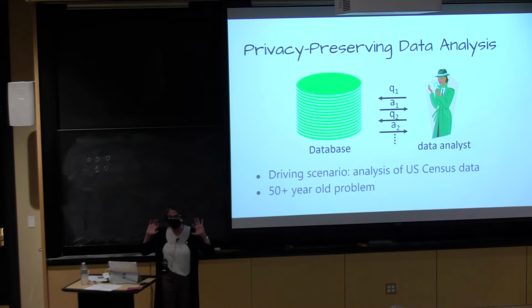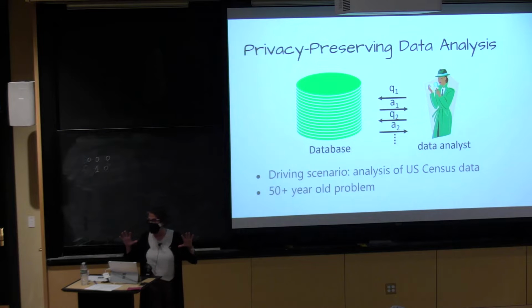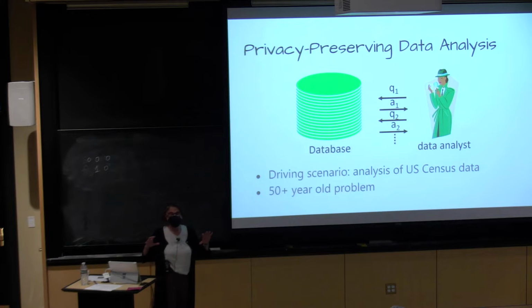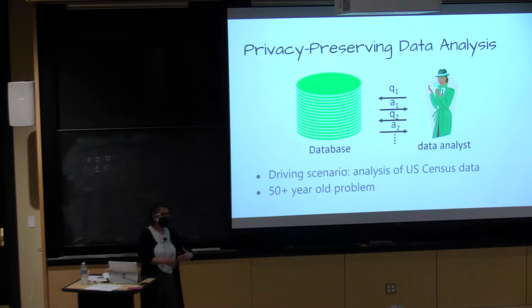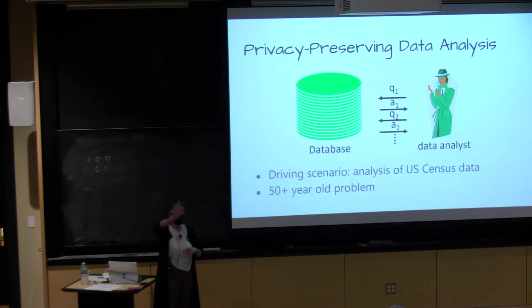And in this very high-level abstraction, the data analyst asks questions or makes queries to the data set and gets answers. And then depending on that answer, the analyst chooses the next question. So it can be an adaptive process in which the ith question that's asked depends on the i minus first answers that were observed.